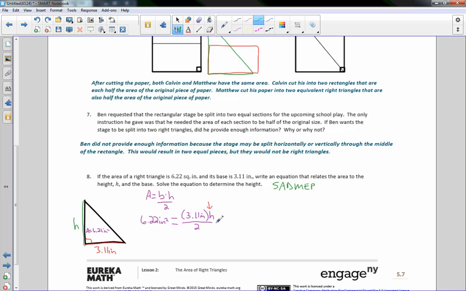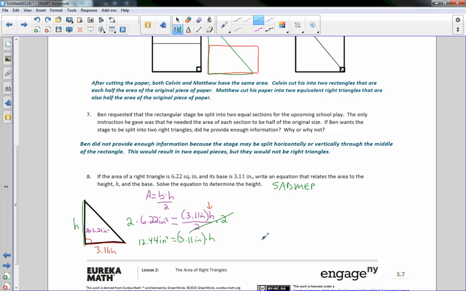The inverse of division is multiplication. So if I multiply both sides by 2, these 2's cancel, and 2 times 2 is 4, and 6 times 2 is 12. So 12.44 inches squared equals 3.11 inches times the height.